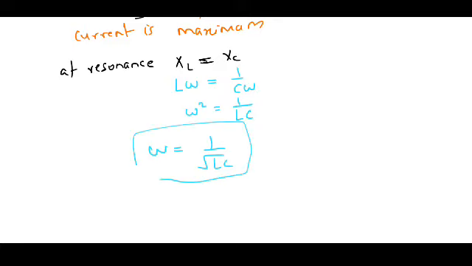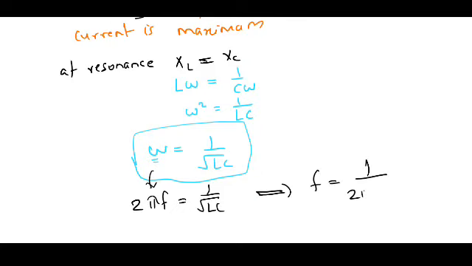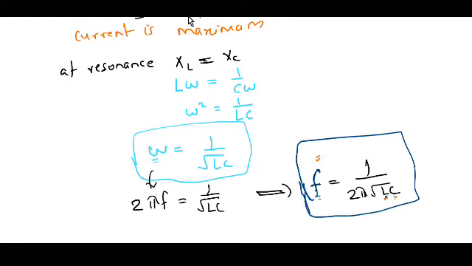This is the value of the omega. This omega is the frequency of the applied voltage. Or in other words, we can write this as 2 pi f. Omega is nothing but 2 pi f, and this is 1 by root of LC. Here we can write f is equal to 1 by 2 pi root of LC. At this frequency of the applied voltage, the impedance in the circuit becomes minimum and hence a maximum current flows through the circuit.